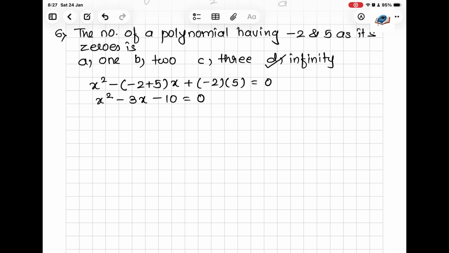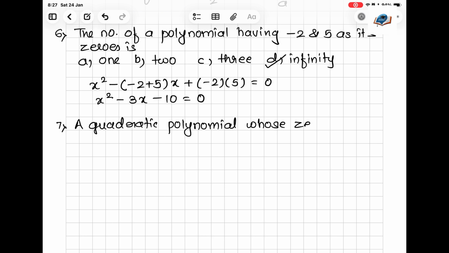Now, seventh question says a quadratic polynomial whose zeros are 2 upon 5 and minus 1 upon 5 is.